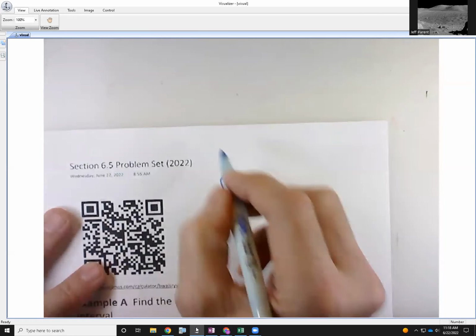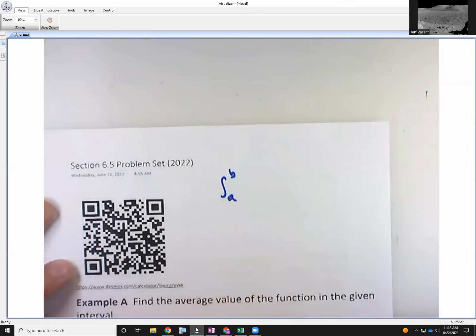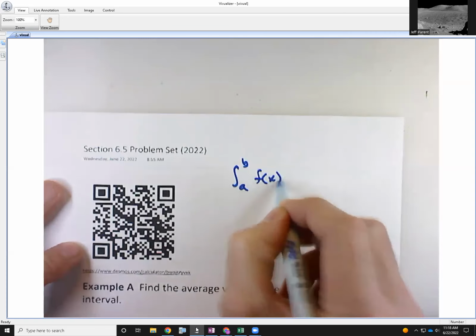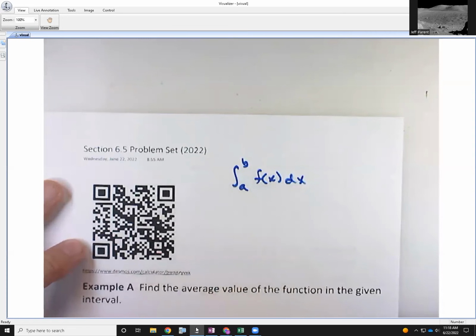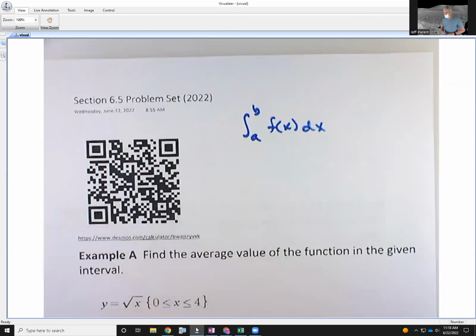So if you want to find the average of some function f of x between two numbers a and b, we're going to first of all calculate this integral. Now, what's that integral going to give me? Well, what's a geometric interpretation of that integral? Anyone? Yeah, the area underneath the curve, between the curve and the x-axis.